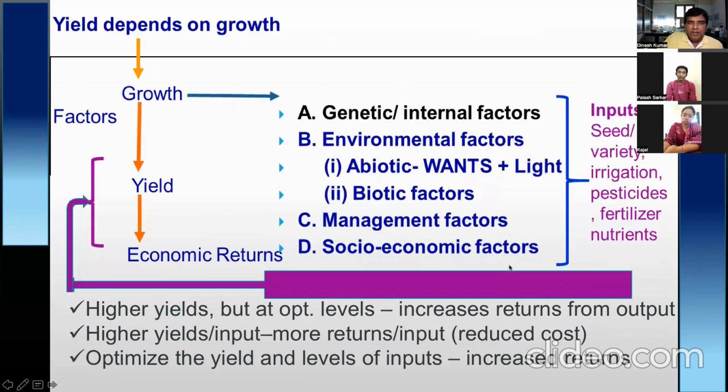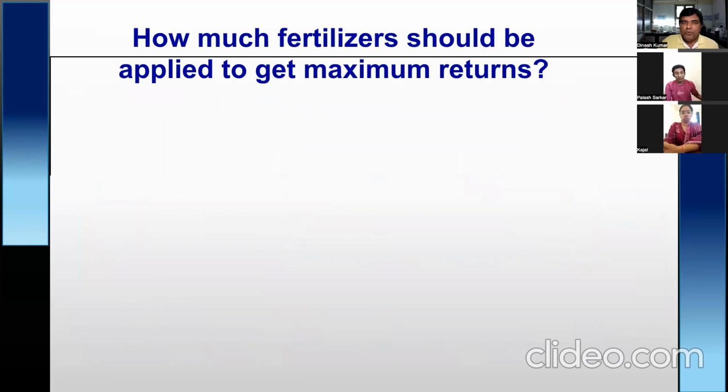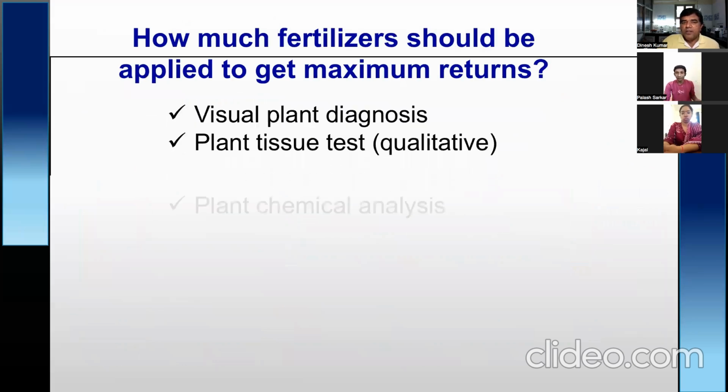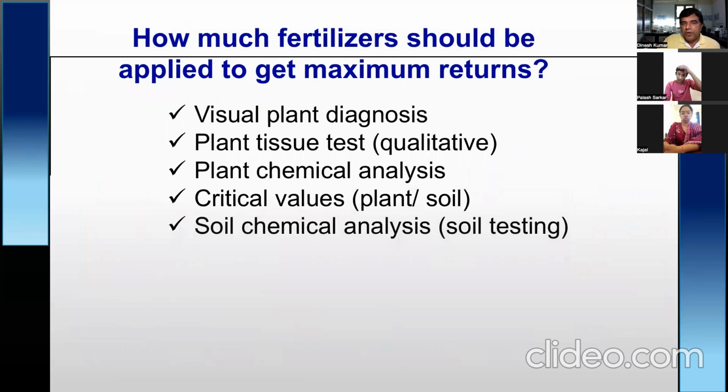So I told you that here our purpose is to optimize the dose of the fertilizer. So how to optimize the dose of the fertilizer? There are different approaches. I told you about visual plant diagnosis, plant tissue test, plant chemical analysis, critical values, or soil chemical analysis. These two can be combined. So I was saying that by analyzing the nutrient status of the soil, we can have some idea, but we cannot give recommendation of the fertilizer based upon just soil testing.